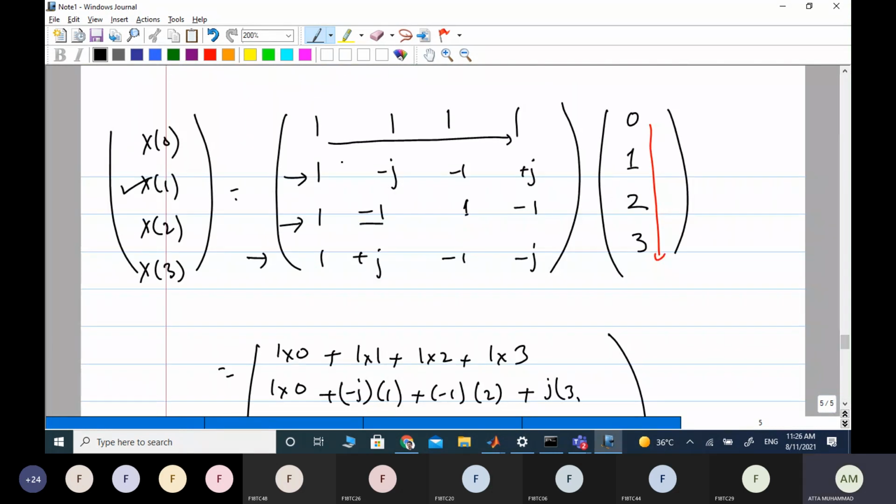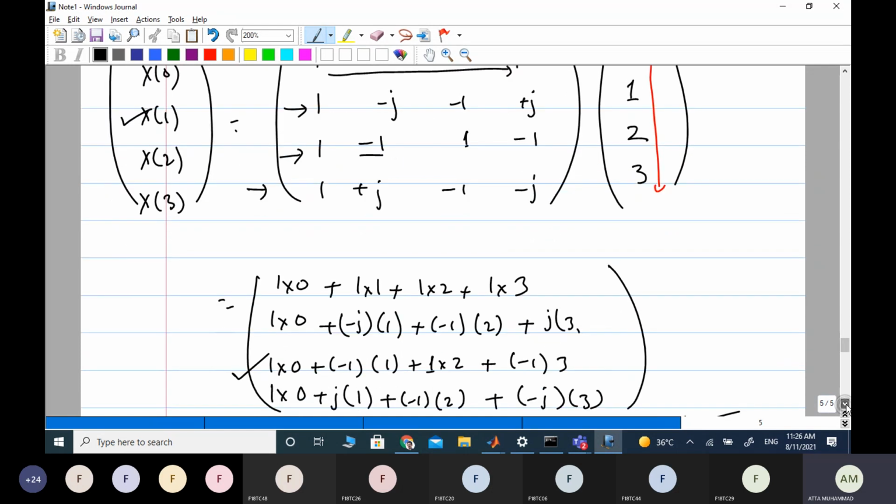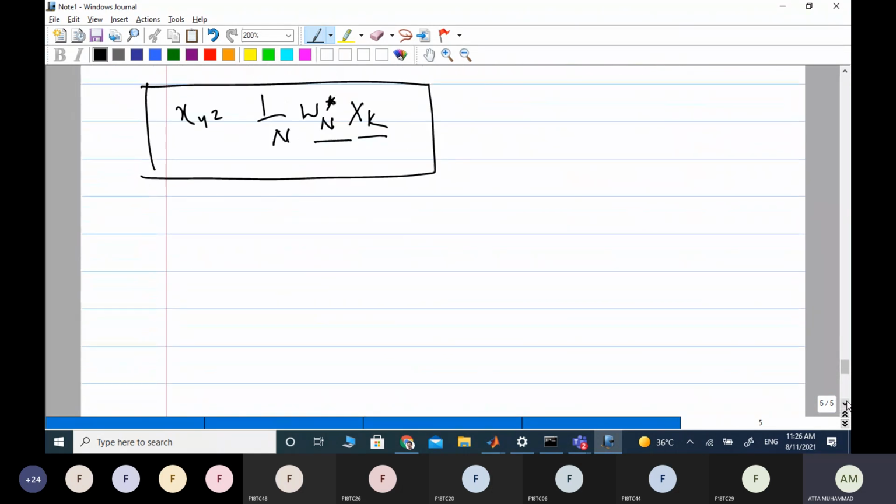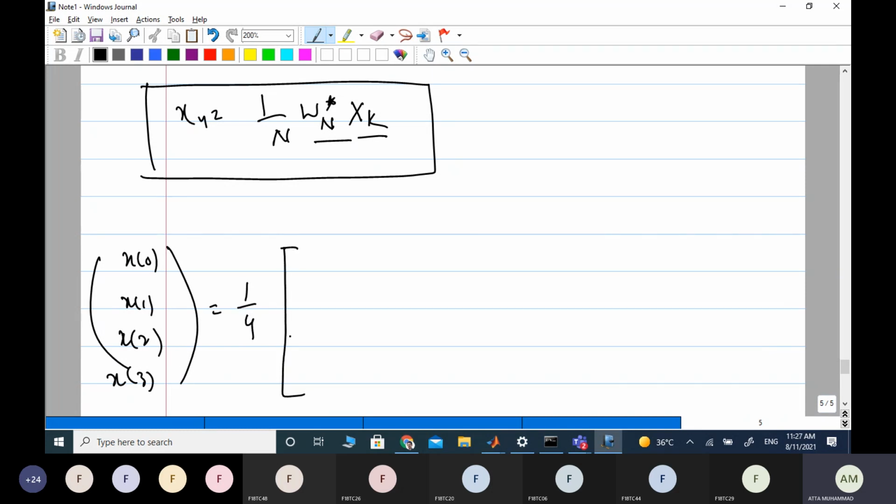By conjugate I mean wherever there is j, it becomes minus j, and wherever it's minus j, it becomes plus j. So in order to compute the time domain signal again, x of 0, x of 1, x of 2, and x of 3, we divide the whole matrix by 1 by n. In this case we have 1 by 4, so this is 1 1 1, and we have 1 1 1.